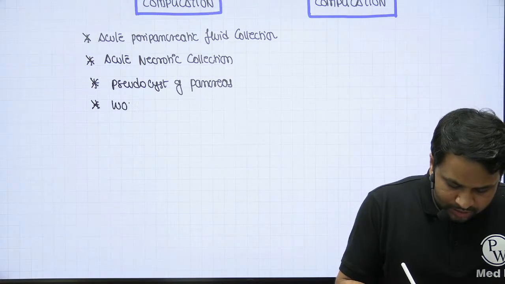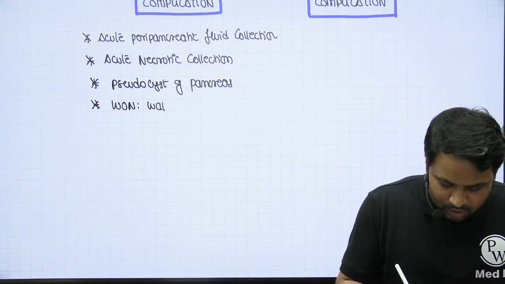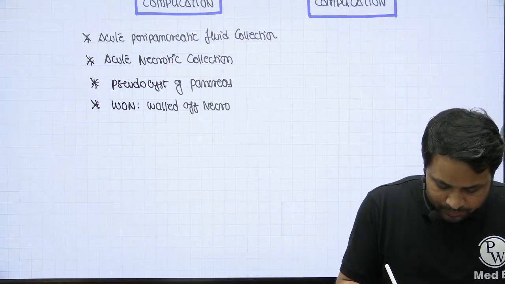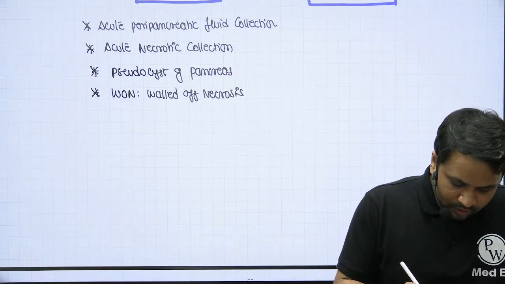Another complication is called WON, which is walled-off necrosis.